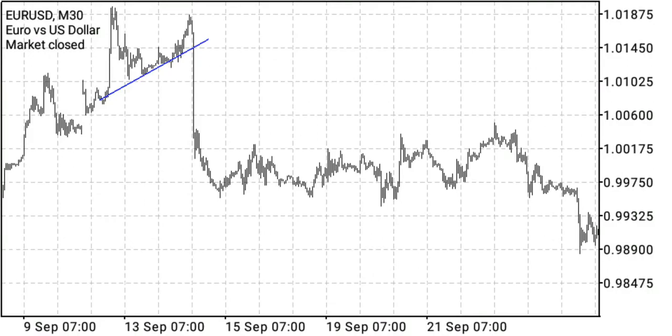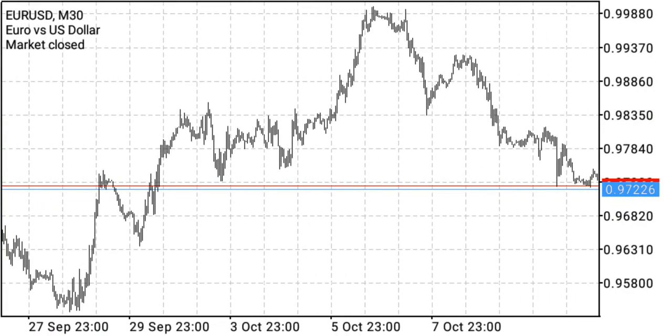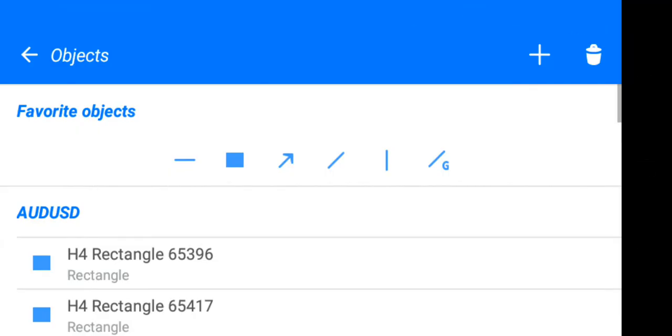In a future video, I'm going to be talking about how to exit the trade using the trend line. Let me easily draw this out. See.